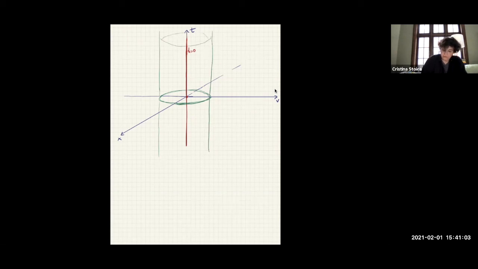And what the solution does, I'll do it with light green, I guess. I have to be careful. So let's say it cuts here and then it goes up.